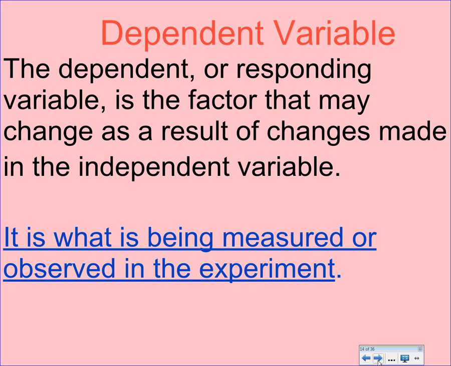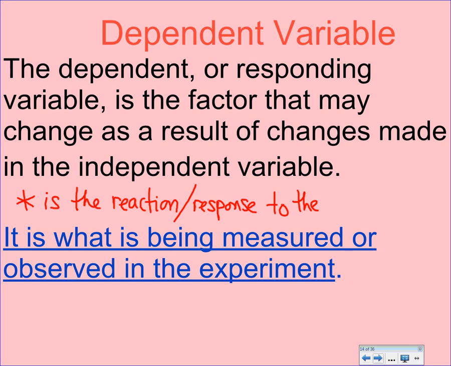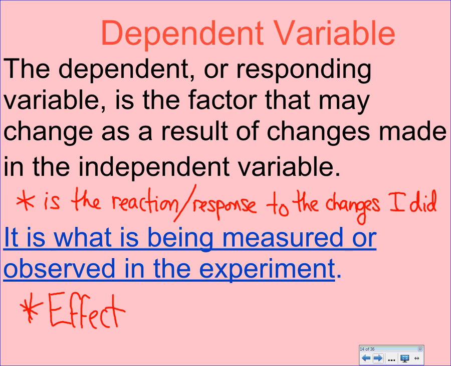In my own words, the dependent variable is the reaction or response to the changes I did in the experiment. It is the effect. Independent variable is the cause. The dependent variable is the effect.